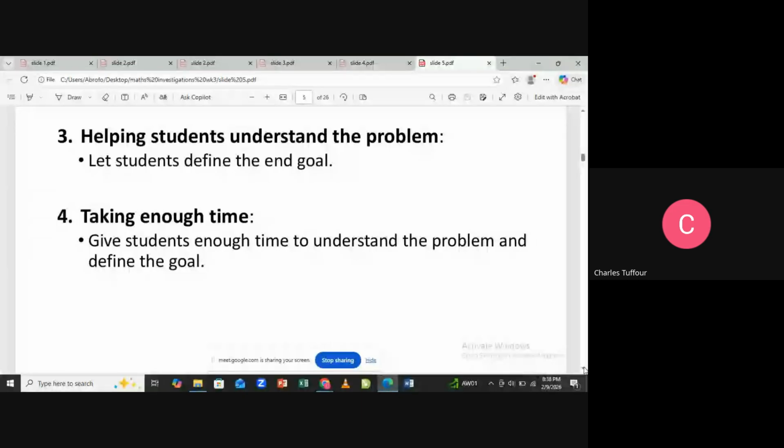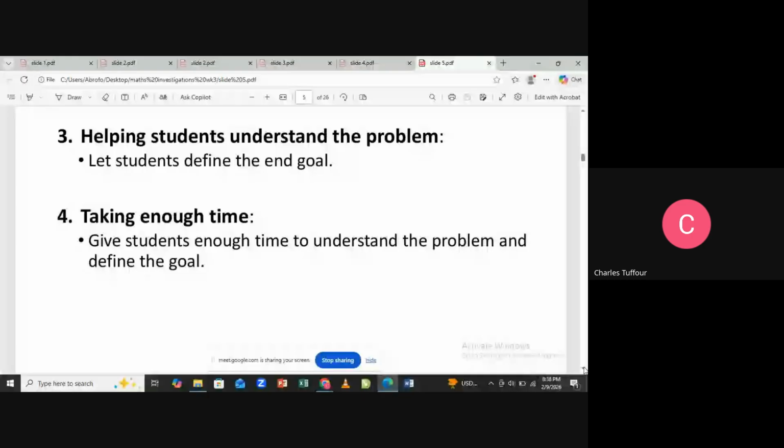Give them enough time. The moment they couldn't finish, it leads to mathematical anxiety. Some of you bear that from our school time. Not that we didn't know, but the time given to us was too limited.